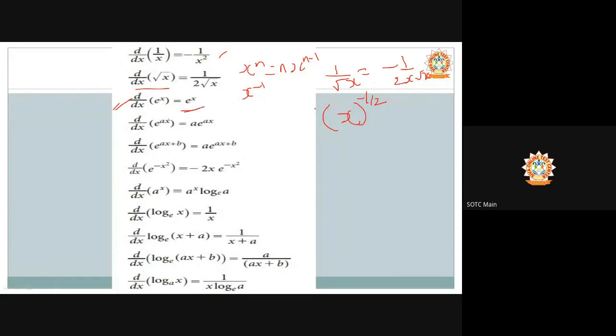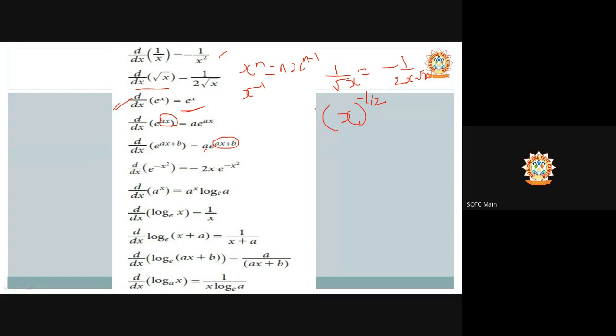Next, differentiation of e power x is e power x only. Differentiation of e power ax: now you can see e is a function and ax is another function. So it is a function of function, that's why e power ax, and then the differentiation of ax is your a, which is multiplied here. Next, d by dx of e power ax plus b will become e power ax plus b, and then again you need to take the differentiation of ax plus b, which becomes a.